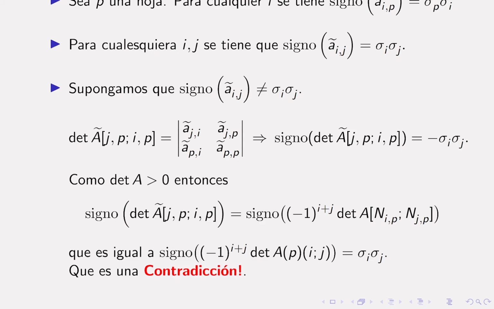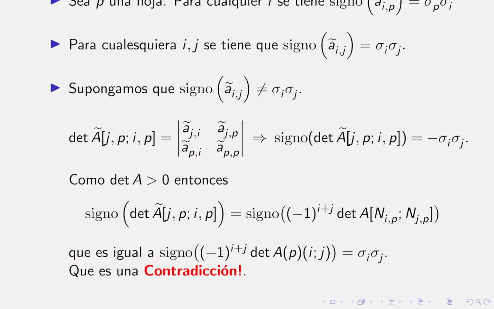Now, because the determinant is positive, the sign of this matrix is just the sign of the inverse, which is minus 1 to the I plus j, times the determinant of the whole set minus JP, which is NJP, and the whole set minus IP, which is NIP. So this is the whole entry, 1 to n, without J and P, and this is without I and P.